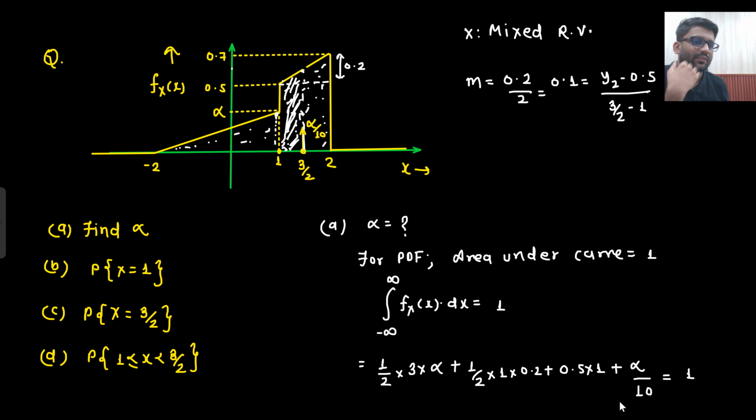The y2 value you don't know. So 0.1 is equal to y2 minus 0.5 divided by 0.5. So this will be 0.05. From 1 to 3 by 2, you are covering the half distance.